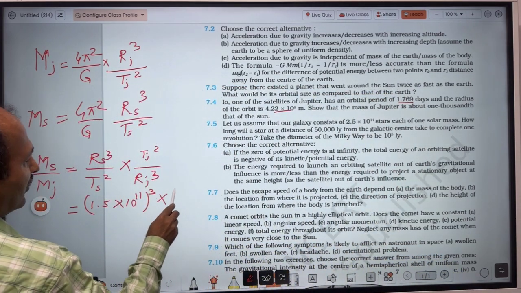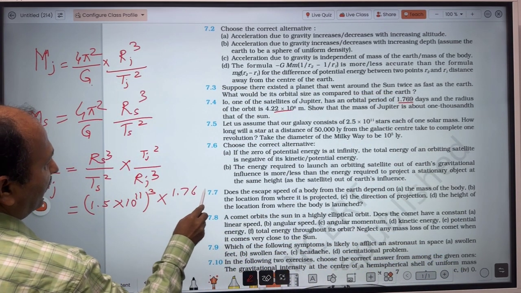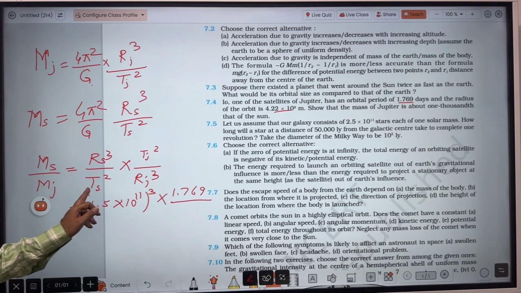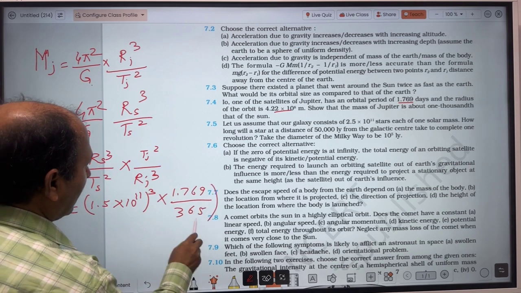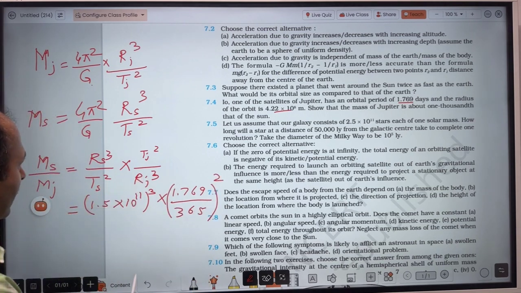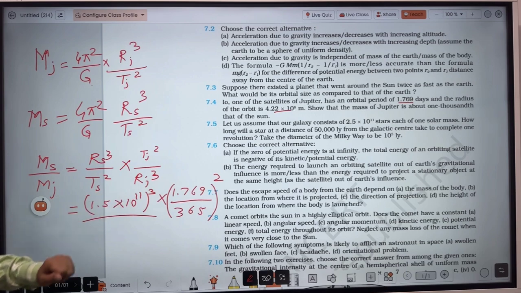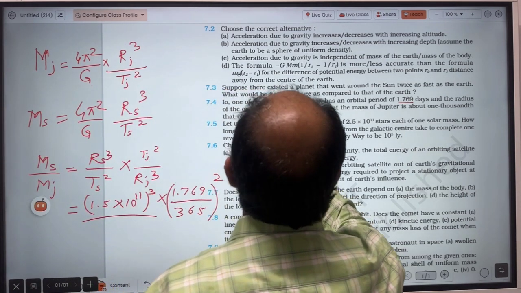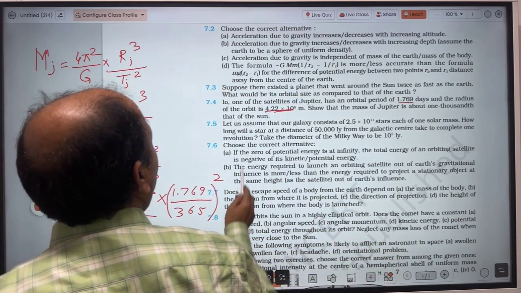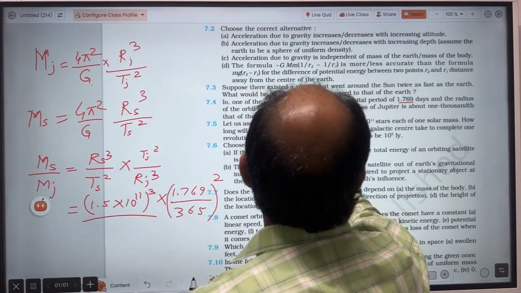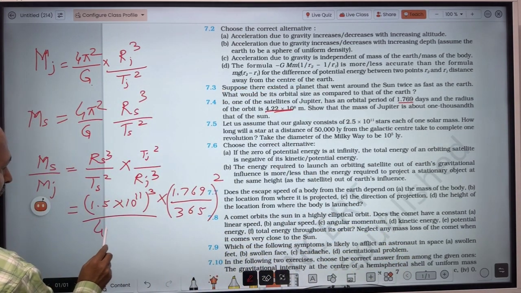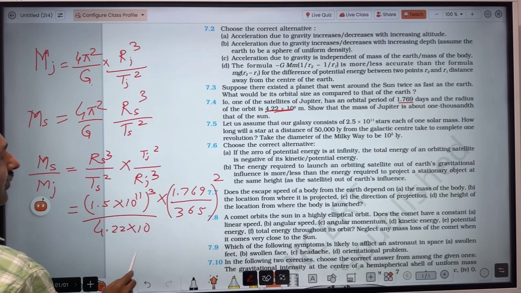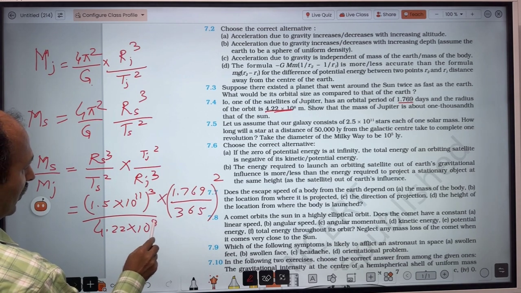So just write 1.769 divided by time taken by Earth, 365 days, and then whole square, whole divided by separation between Jupiter and its satellite, 4.22 into 10 to the power 8, whole cube.